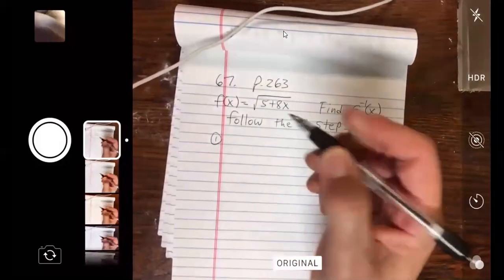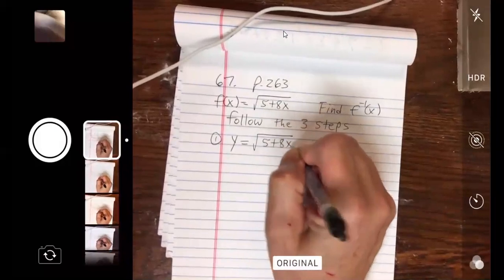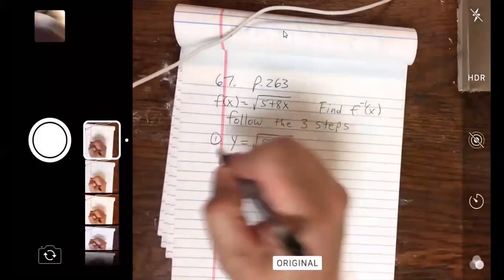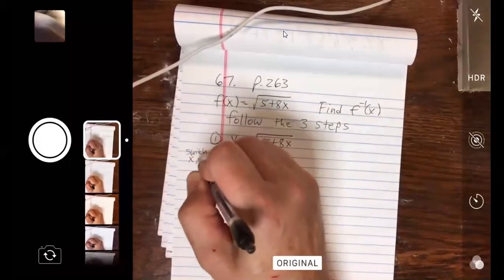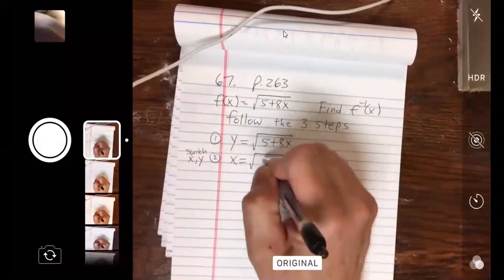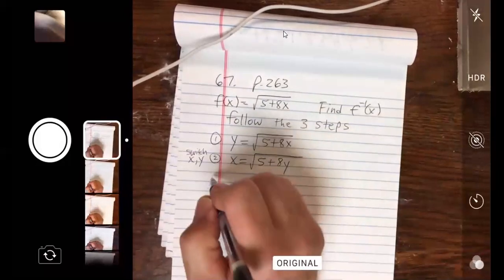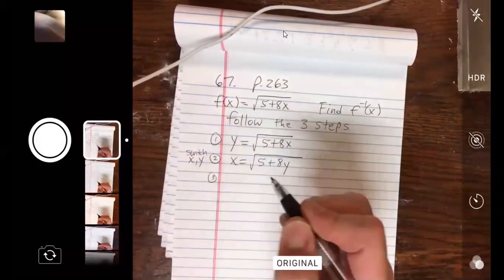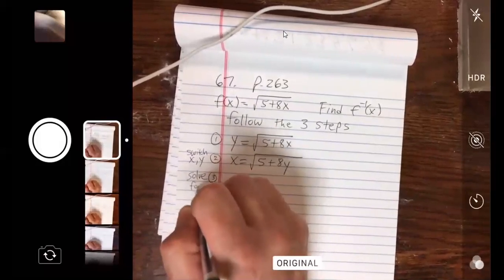Step 1, y equals square root of 5 plus 8x. Step 2, switch x and y. x equals square root of 5 plus 8y. Step 3, solve for y.